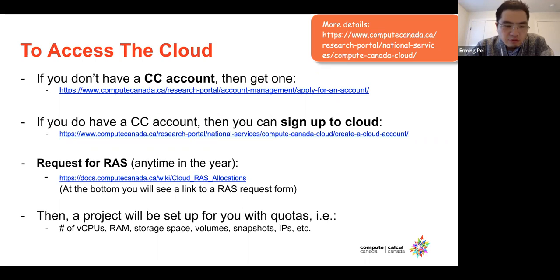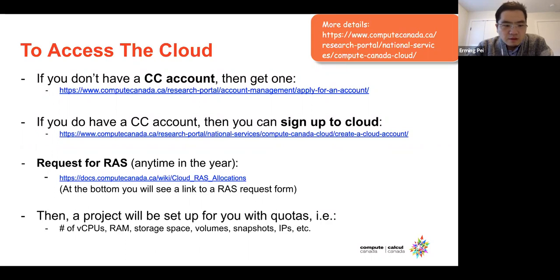After that, you can request for RAS at any time in the year. At the bottom, you can see there is a RAS request form that guides you how to tell the system how many CPU resources, how big the storage and the RAM you need, and some other resources like floating IP, snapshots.